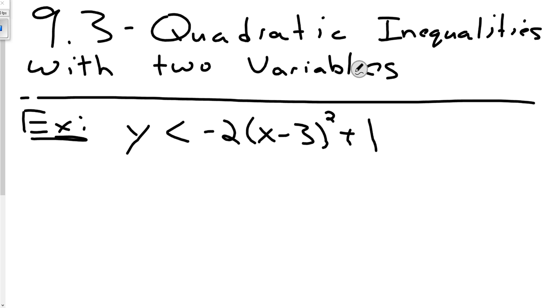All right, so what we're going to do is graph it. So I know my vertex. Is that positive 3 and 1, right? Your P and Q values, right? It's in vertex graphing form.